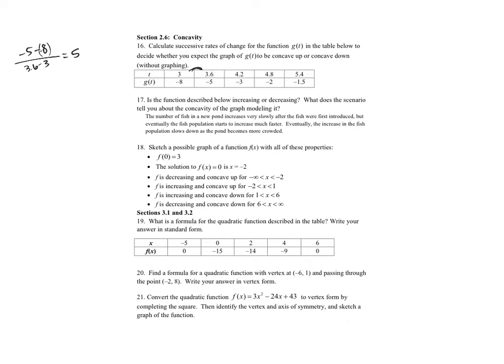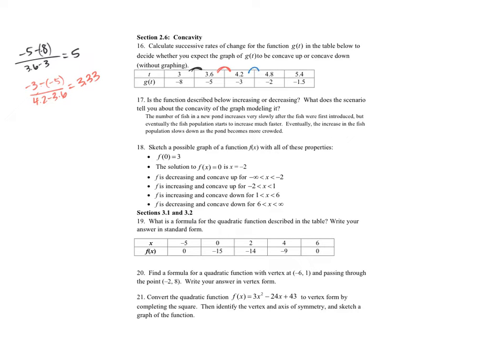And then if we do this one, we'll do -3 minus -5 over 4.2 minus 3.6. I got 3.33.